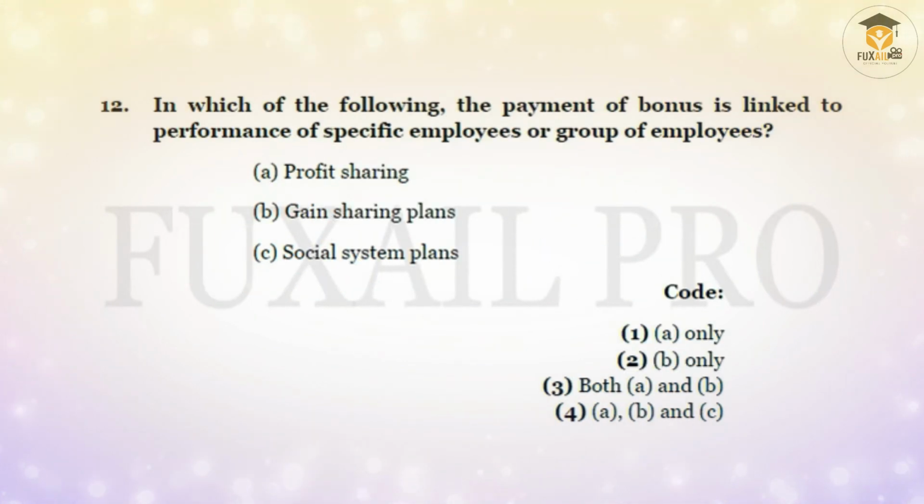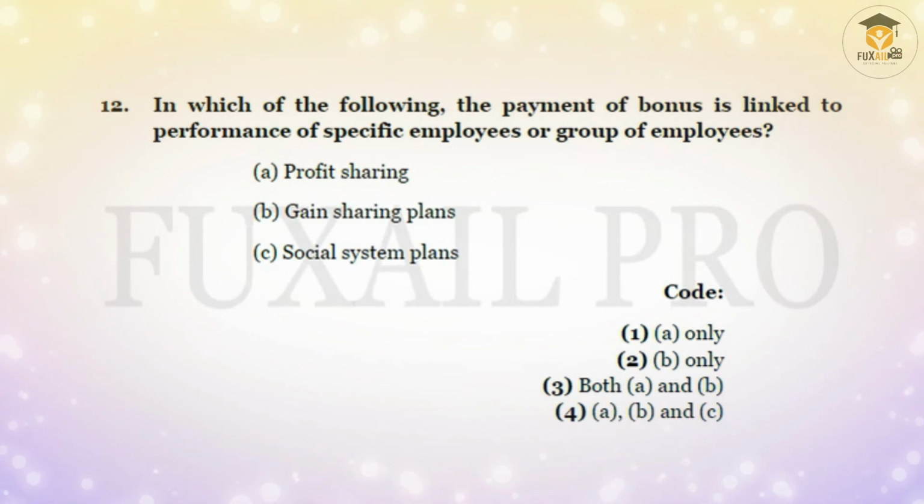12. In which of the following is the payment of bonus linked to performance of specific employees or group of employees? A. Profit sharing, B. Gain sharing plans, C. Social system plans. Code: 1. A only, 2. B only, 3. Both A and B, 4.